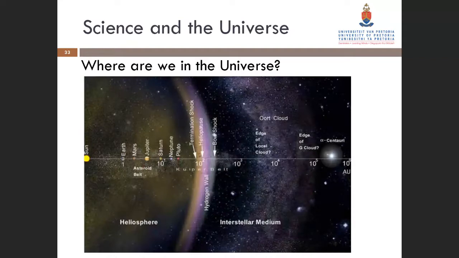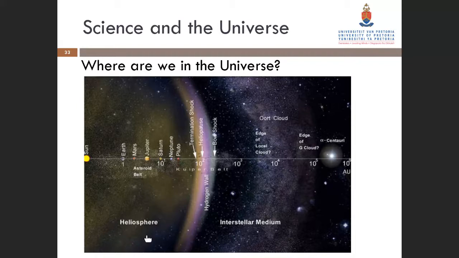So zooming out even more, here we can see we have the Sun, we have Earth, Mars, Jupiter, Saturn, Neptune, Pluto, and the asteroid belt between Mars and Jupiter. We have our heliopause. We can go to the edge of our local cloud, the Oort cloud of our solar system. And here we can see Alpha Centauri, our closest star.